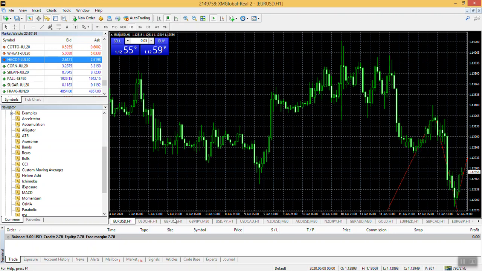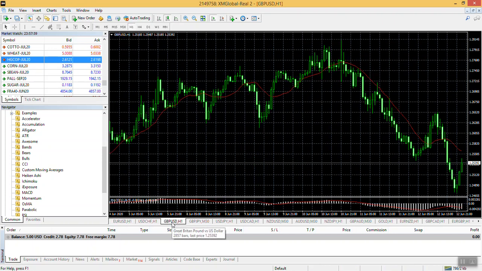Let's use another example, GBP/USD. Here we can see that for the past 3 hours, 1, 2, 3, the market is on the rise. The price is rising. A rise in price is what we call bullish, and a fall in price is what we call bearish.